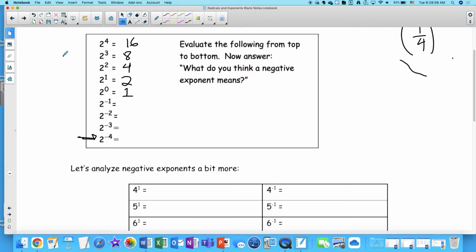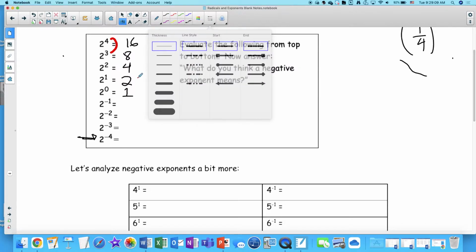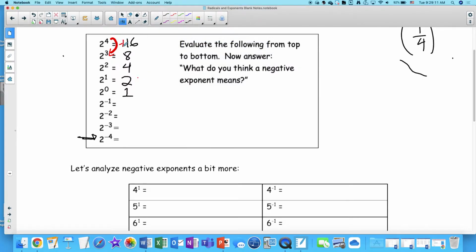Yeah, we keep going down by 1, down by 1, down by 1, right? So over here, we'll do this in a different color actually. -1, -1, -1, -1, -1. Okay, so that's the pattern on the left. What's the pattern on the right? Yes. Divide by 2, divide by 2.